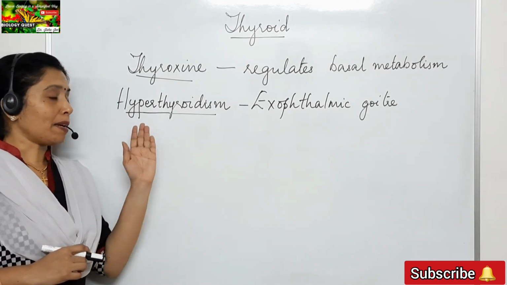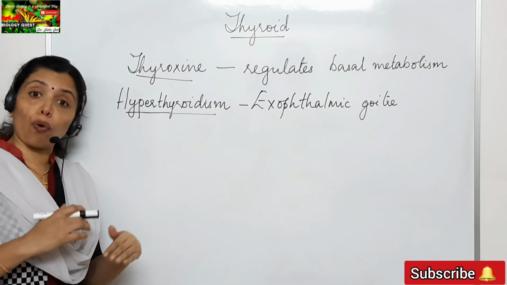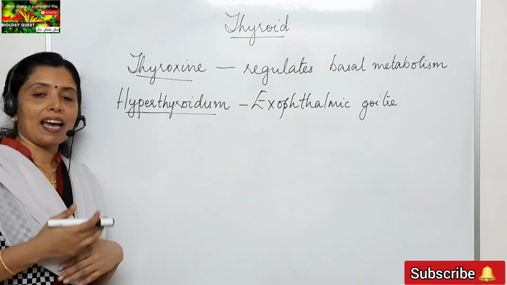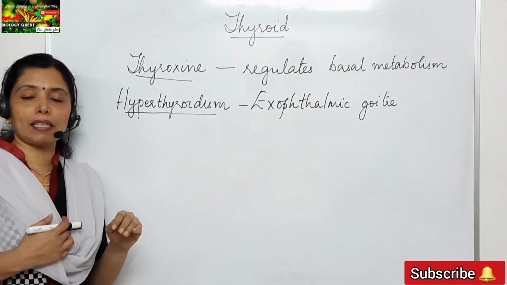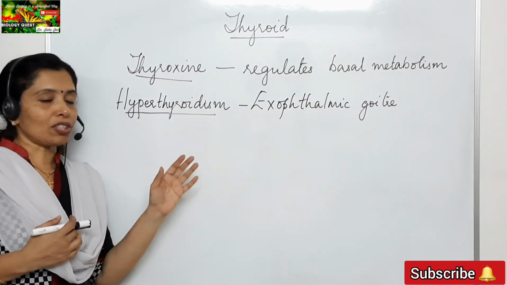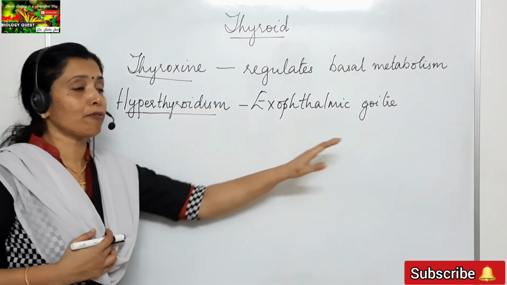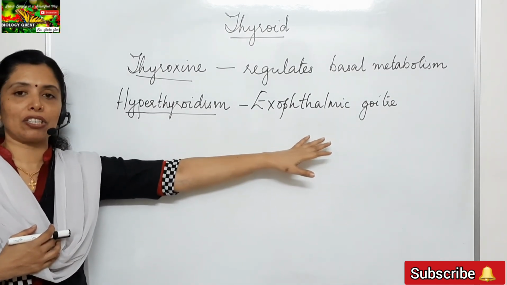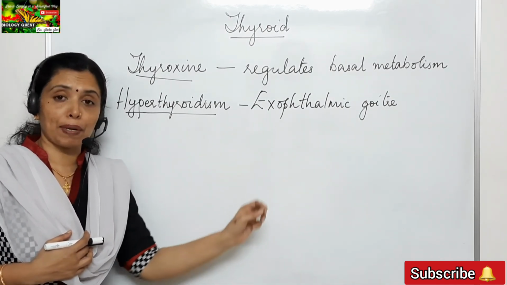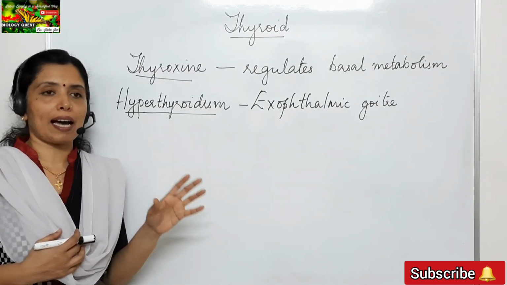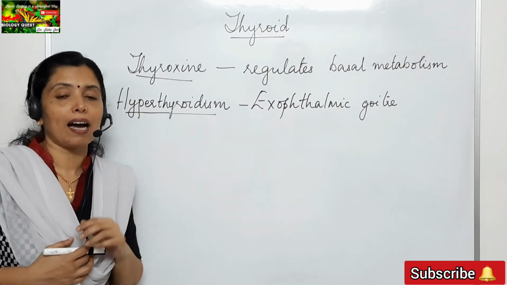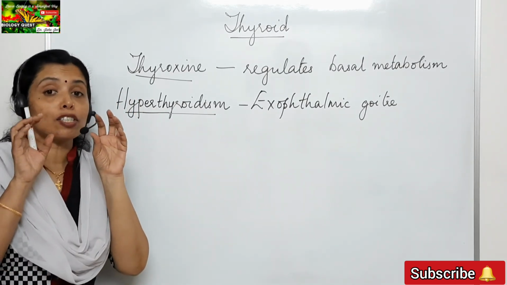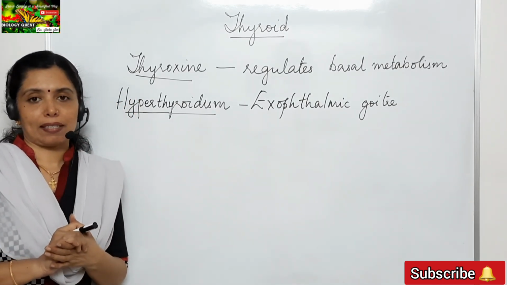So once again, hyperthyroidism is due to oversecretion of thyroxine, and this leads to a condition called exophthalmic goiter. In such cases, persons will have goiter, that is swelling in the neck region, accompanied by protruding eyes. Exophthalmic means outwardly projecting eyes. Eyes get protruded in such cases.